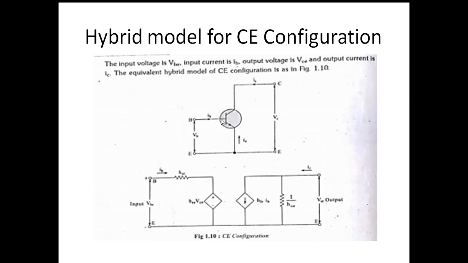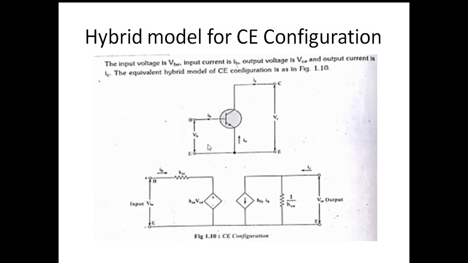Therefore, it is called common emitter configuration. The input voltage is now VBE. The input current is IB. The base is the input terminal here. Since the emitter is ground, the emitter is common to input and output.